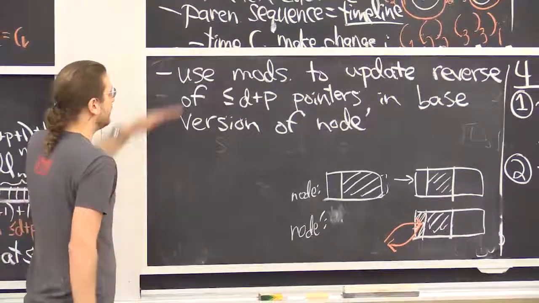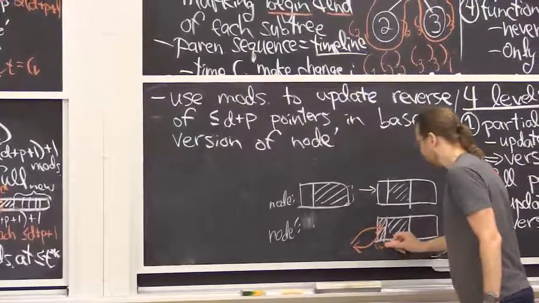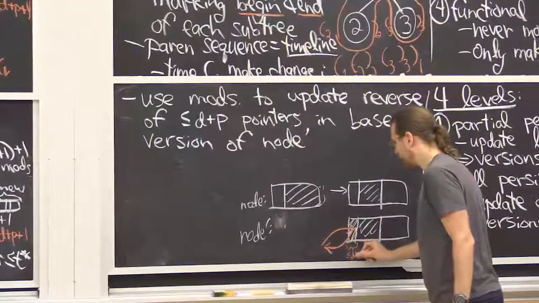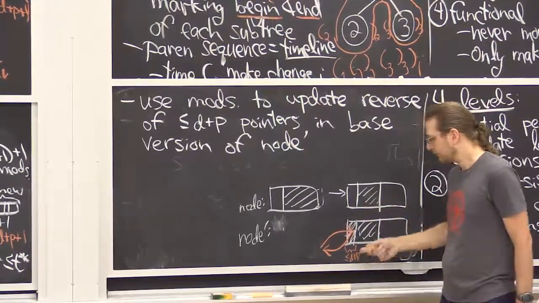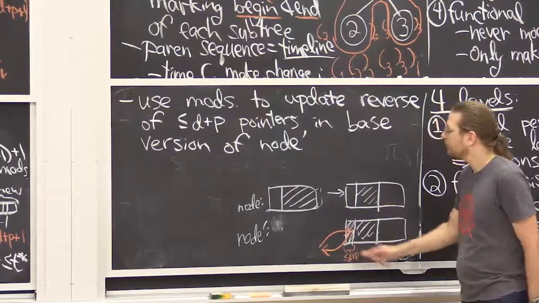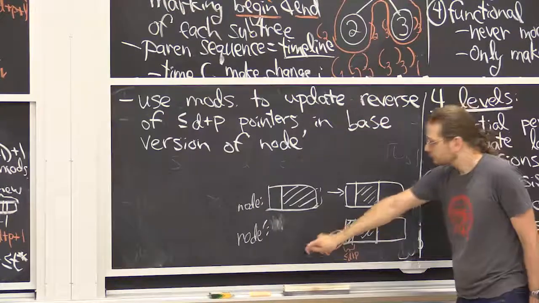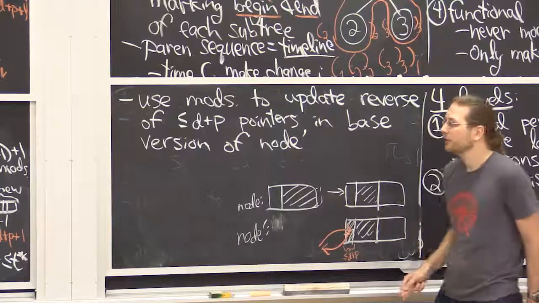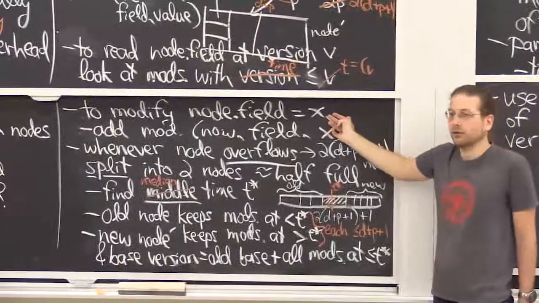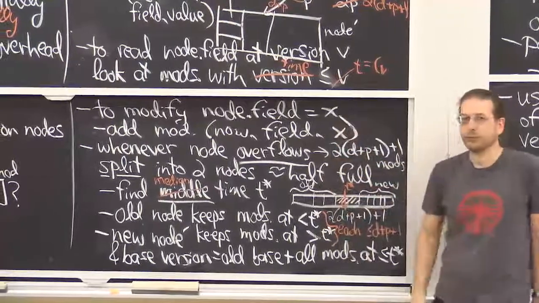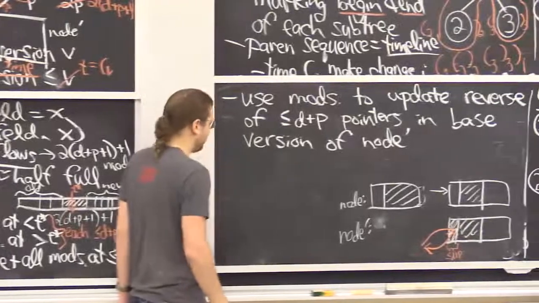What's good about them is we know there's at most d plus p pointers in every node. Again, merging the forward and backward pointers, d forward, p backward. But there's at most d plus p pointers in this base version. For each of them, we add a mod to the other node. In other words, we recursively do a modify. And then if that node is overflowing, we recursively do a split. So that's the recursion.